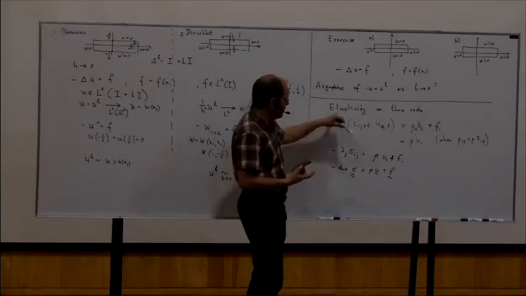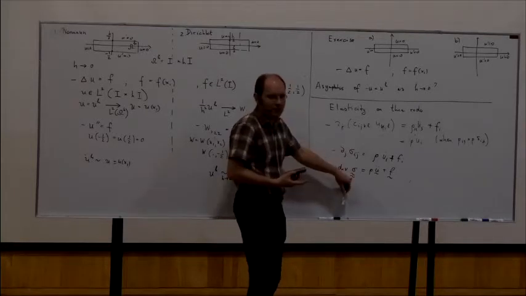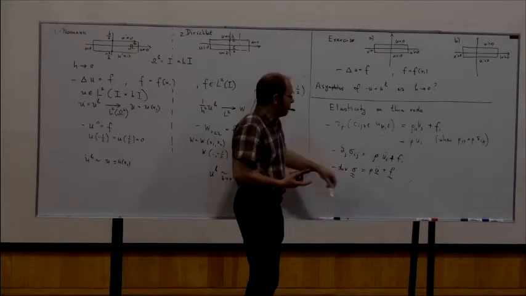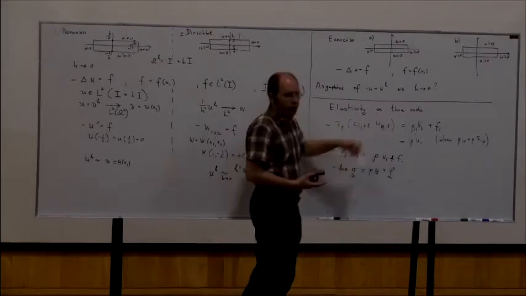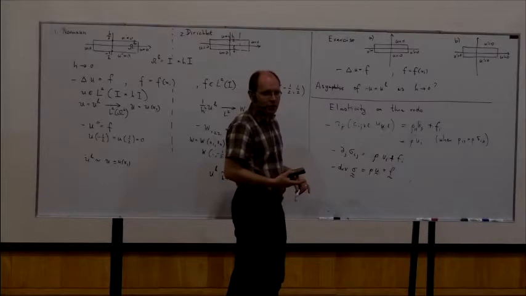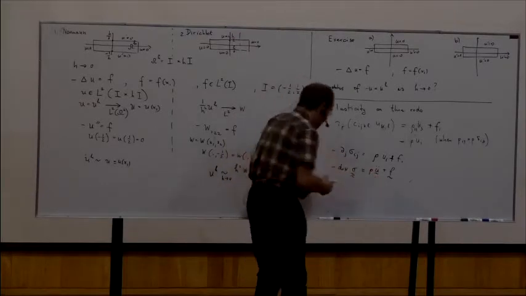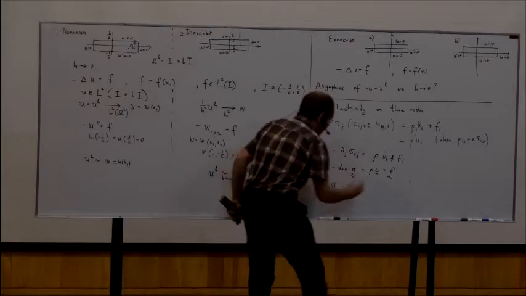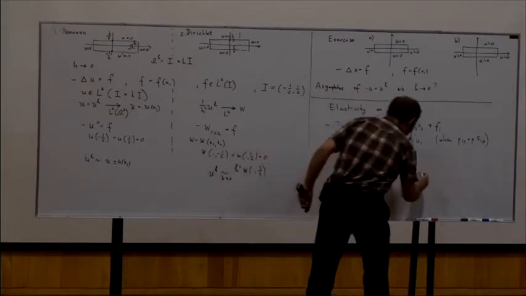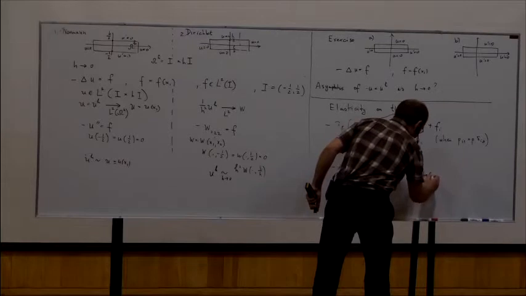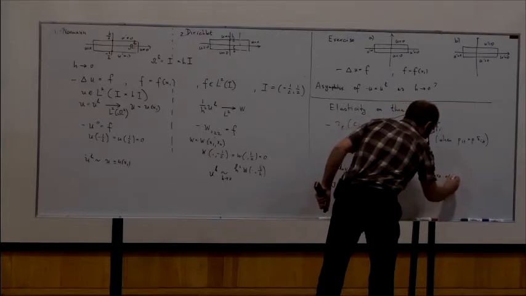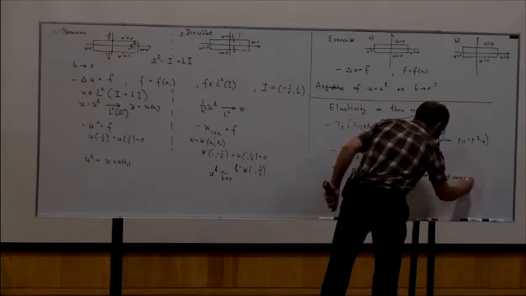So the word elasticity comes in when you write what sigma is, in terms of the field U that solves this equation. So this is the balance of momentum equation, right? Balance of momenta.